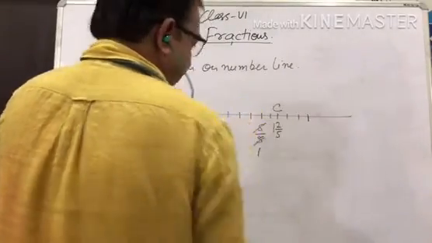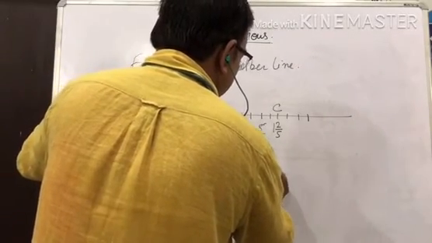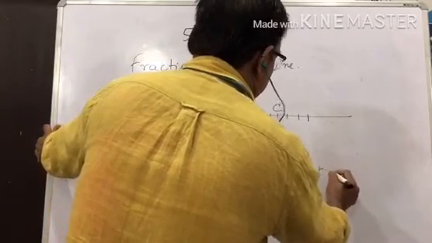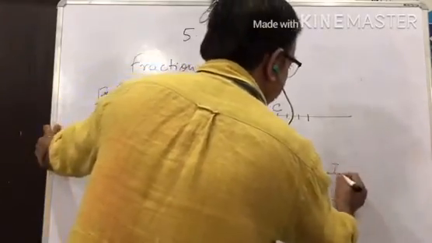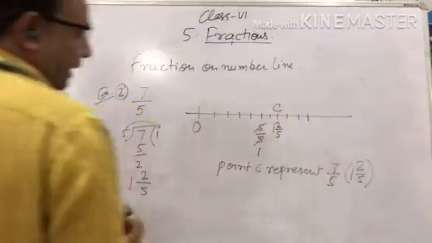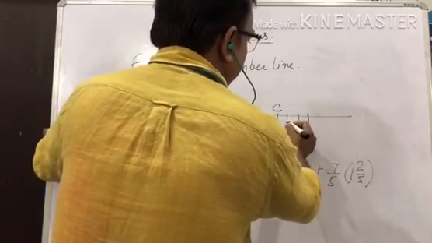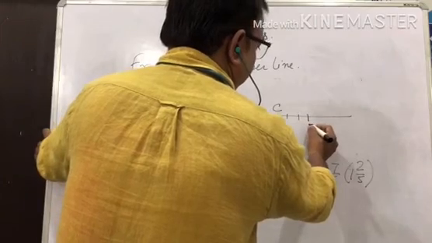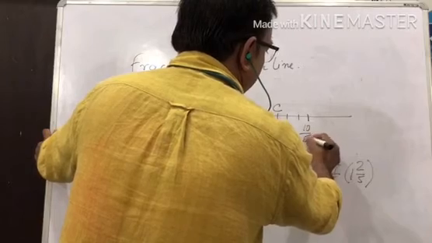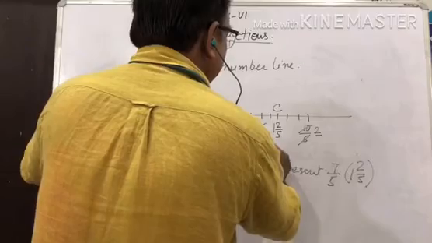So you have to write C here, and point C represents 7 upon 5, that is 1 2 upon 5. Clear? Or if you move forward, then this is 2 upon 5, 3 upon 5, 4 upon 5, this is 5 upon 5. So it will be 10 upon 5, it becomes 2, and here it becomes 1.